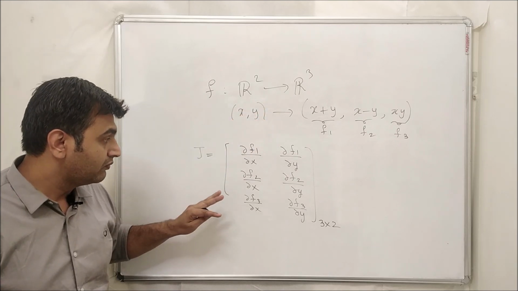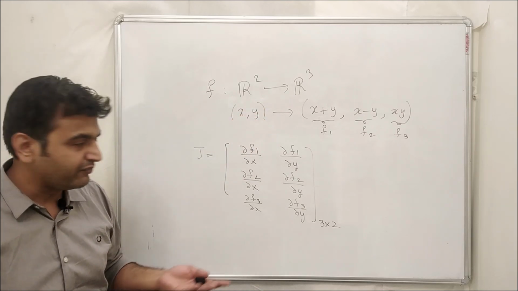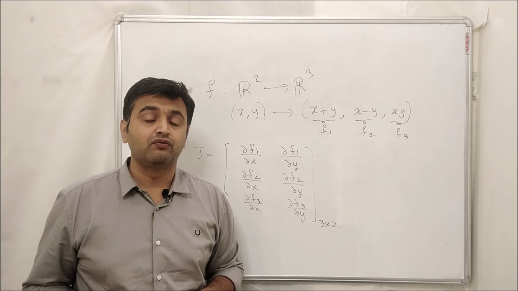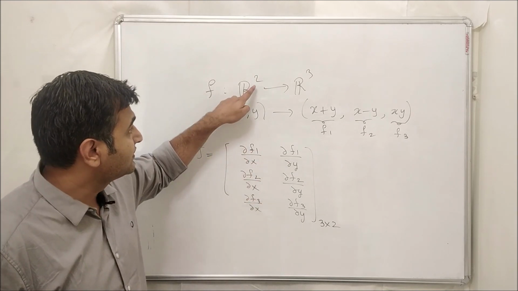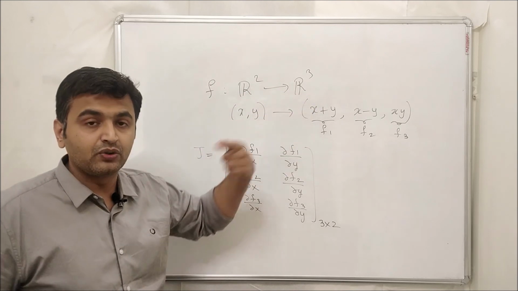Here you cannot talk about the determinant because this is no more a square matrix. If you want to talk about the determinant of a Jacobian, then it has to be from the same dimension to the same dimension, so that you have a square matrix.